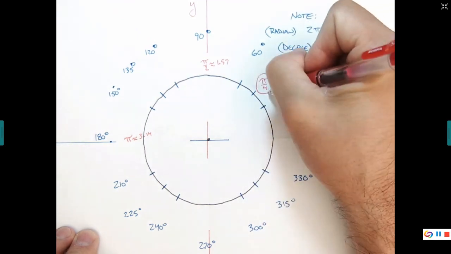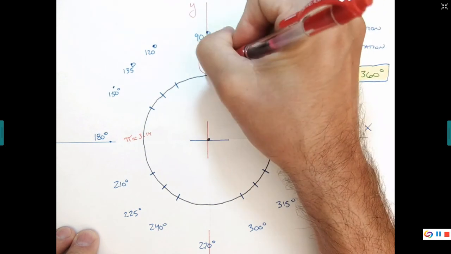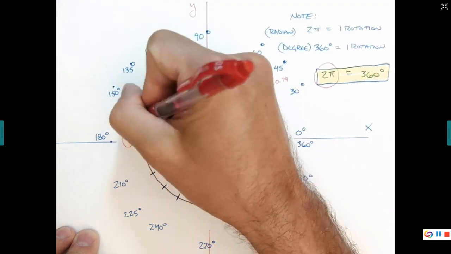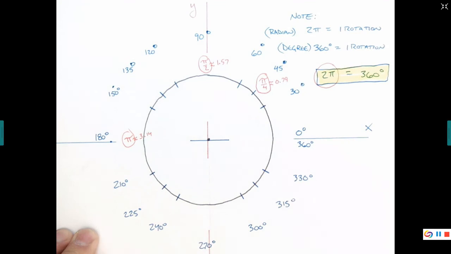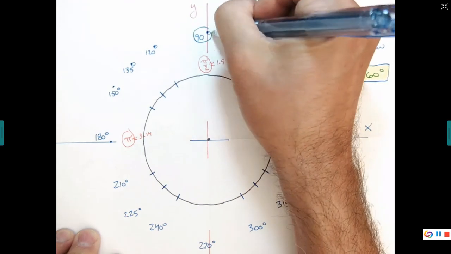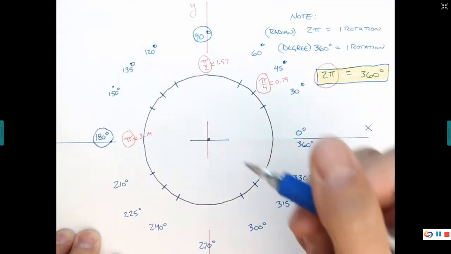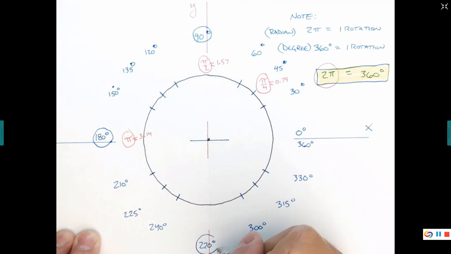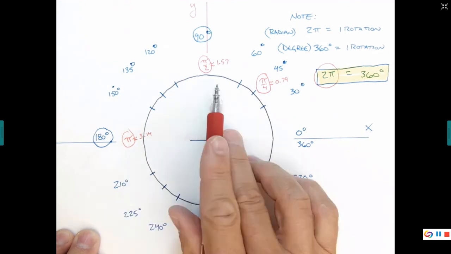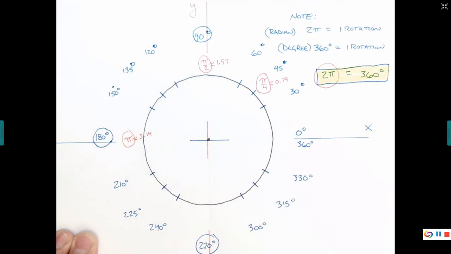So I'm going to circle these radian measurements, and then I'm going to go back and circle all of my degree measurements, because I want to know just by quickly looking at a circle, if I'm thinking 270 degrees, I'm thinking pi plus 1/2 pi, which would be 1.5 pi.